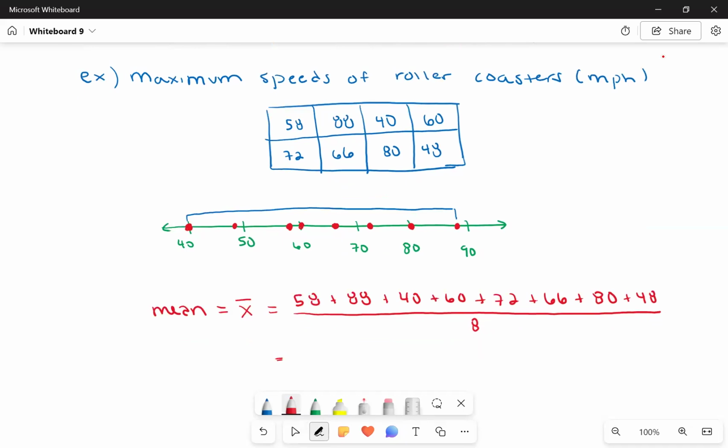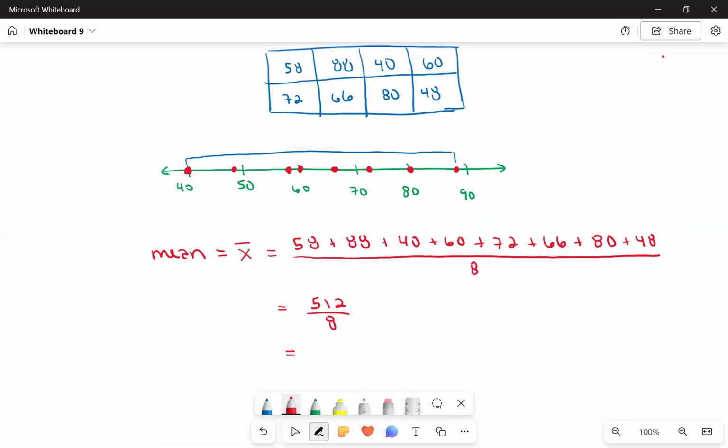Now, I did already pre-add it, but like I said, grab your calculator, add along, do this with me. It's good practice for you. Pause the video for a second. When I add it up, I get 512 divided by 8, which is 64. So there is my mean.